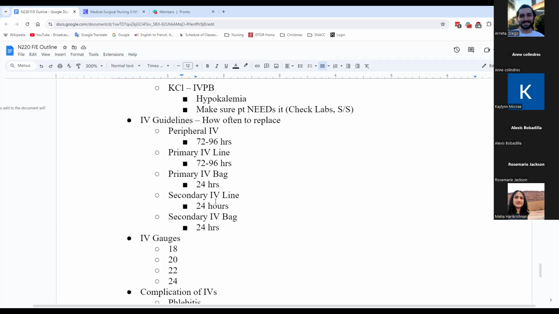So for the second dosage, because it's every 12 hours, the nurse will just unspike the empty bag, spike the new bag, and connect it to the primary. Because your line is technically good for 24 hours, you can reuse that secondary IV line.